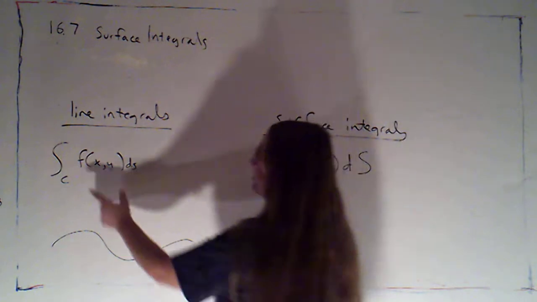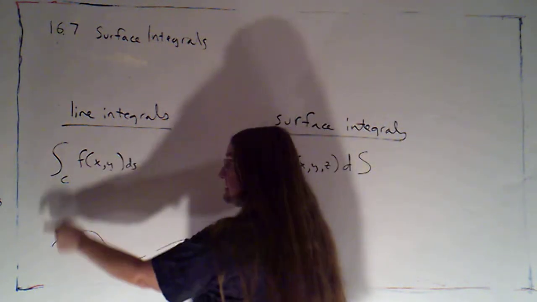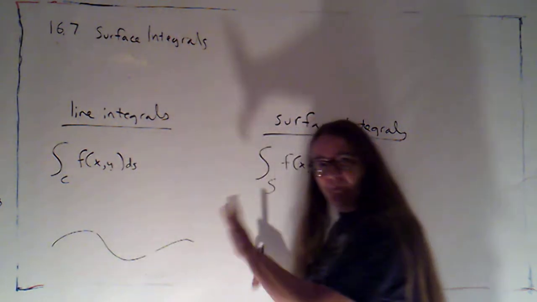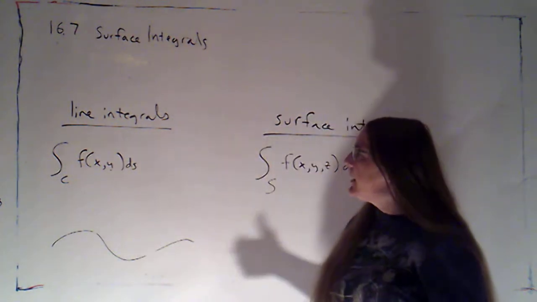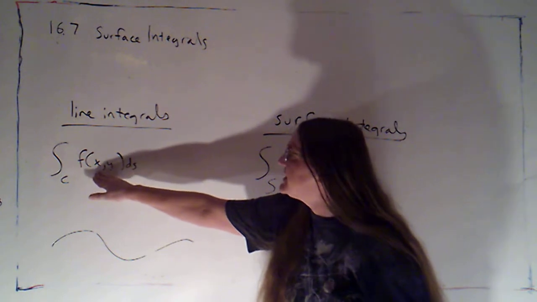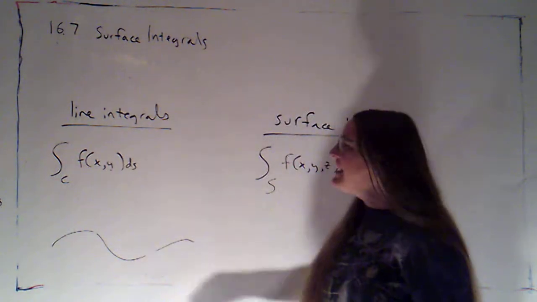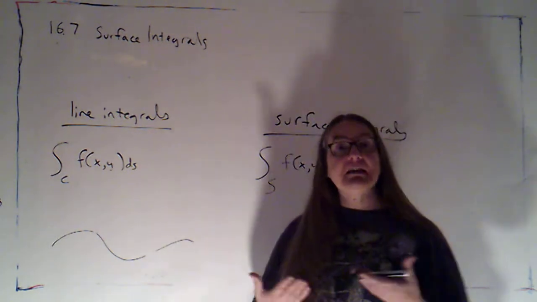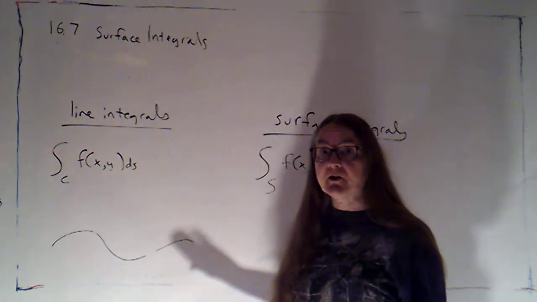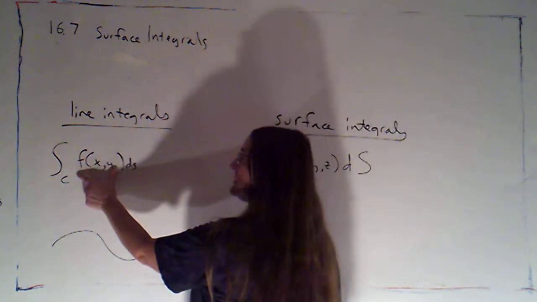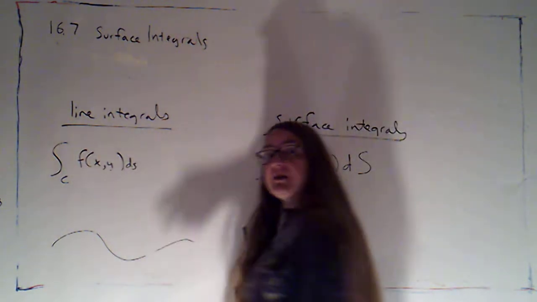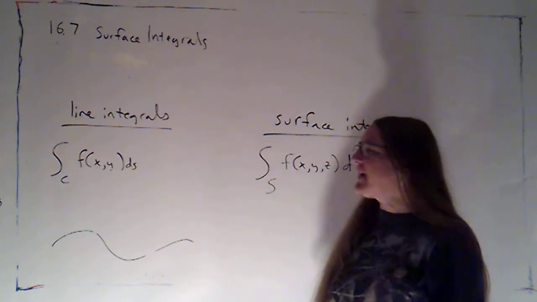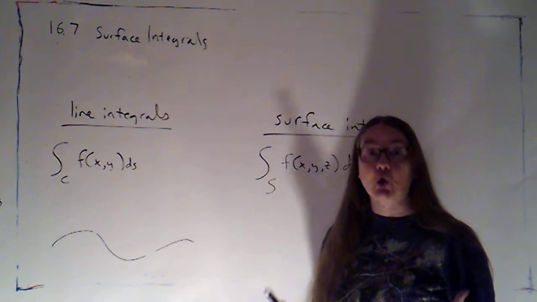So, for example, if this were the density function for a very thin wire that we were treating as an idealized one-dimensional object, then when I integrate density with respect to arc length, I would be calculating the mass of that wire. Another classic example is if my integrand here happens to be the dot product of a force field with a unit tangent vector, then I know that what I'm calculating is work.